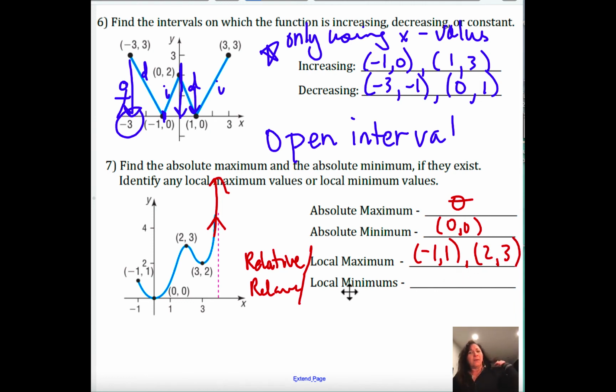Now, a local minimum: even though (0, 0) is my absolute minimum, it's also a local minimum. So that's also (0, 0), and (3, 2). Yes, they can both be the same value.